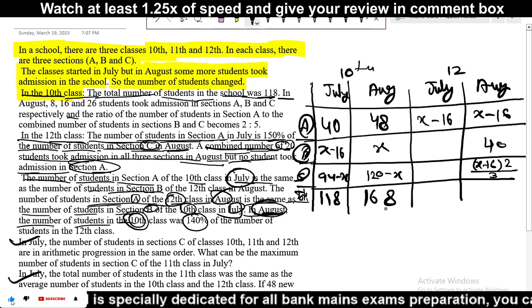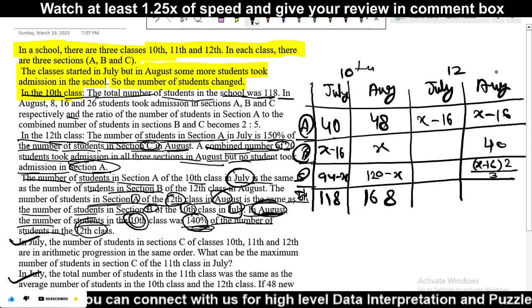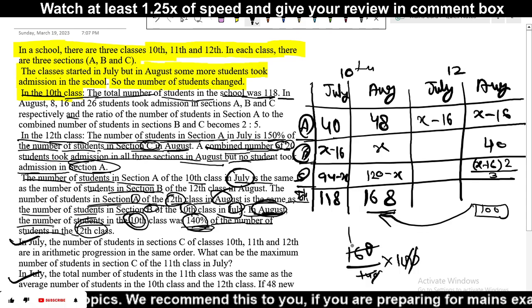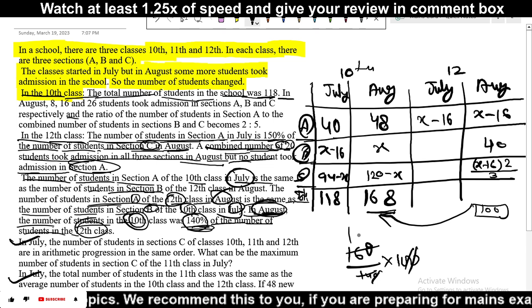This will be the same, because here it is mentioned August. It means it is also saying for 12th class August. So this number is 140% of this number. We have to calculate 100% of this to know what the number here is. This is 140%, and we have to find 100%. Divide, and the 0 will come here.